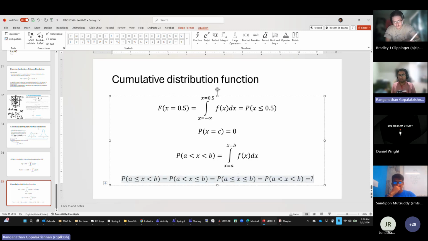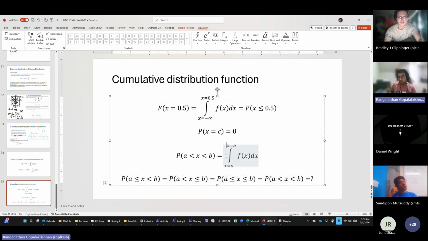Are they all the same? Question to you. Are they all the same? Yes or no? No. Okay. The answer is, in theory, they are all different because they include or don't include the endpoints.